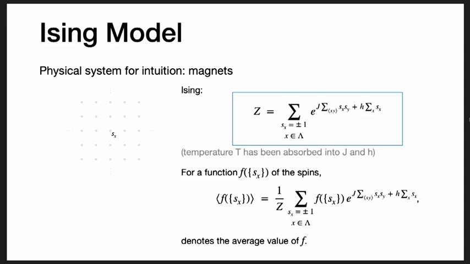Again, this is supposed to be the probability that the system is in the given spin configuration. So that's the definition of the model. Let me just point out that there was a factor of the temperature, but I just absorbed it into these real constants, to make it simpler.